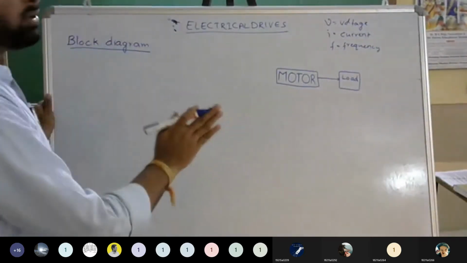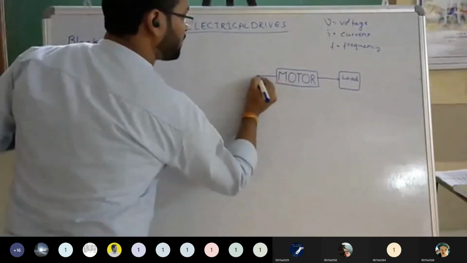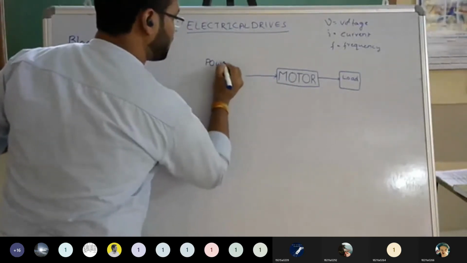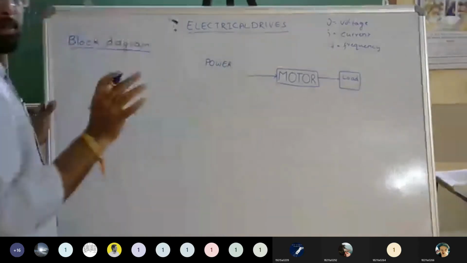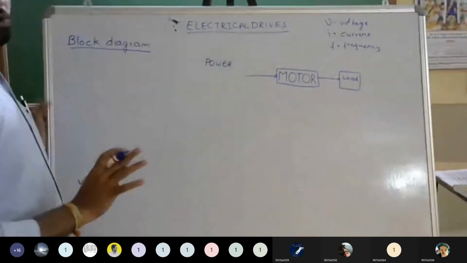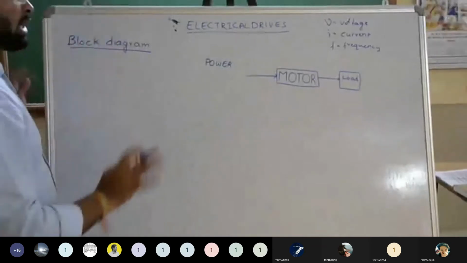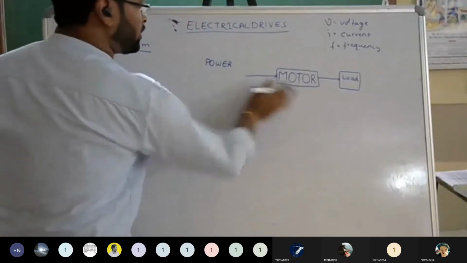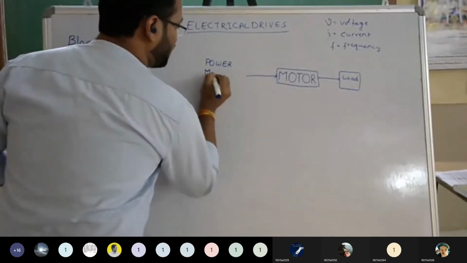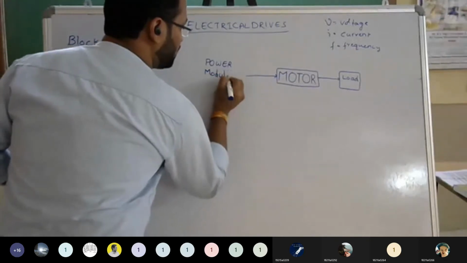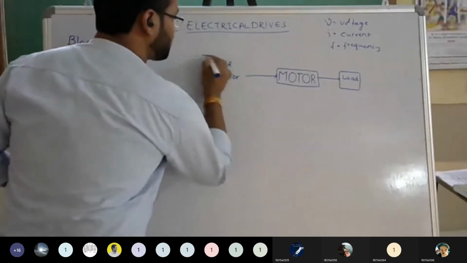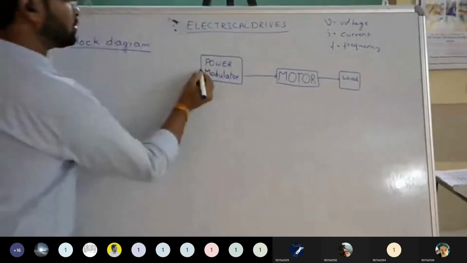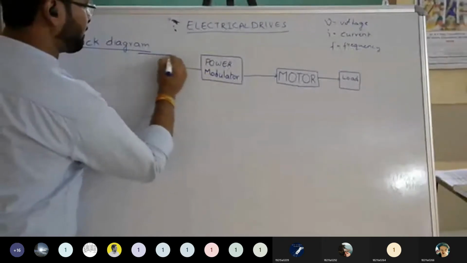So the motor speed has to be controlled. What will control the speed? The power modulator. See, don't memorize the circuit or anything. Here itself, we are writing a drive. Drive means you have to drive some load. Load drive means one motor is required. To control the motor, a power modulator is required. So this power modulator is required, and for this power modulator, one source is required.